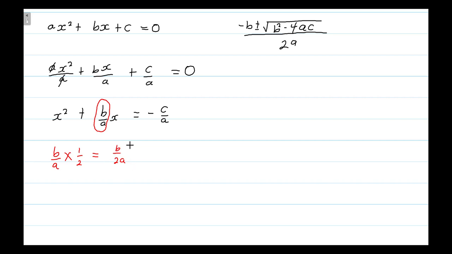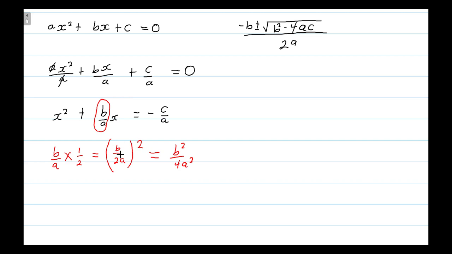And then you square this one. So you square everything. The square of this equals b squared over 4a squared.